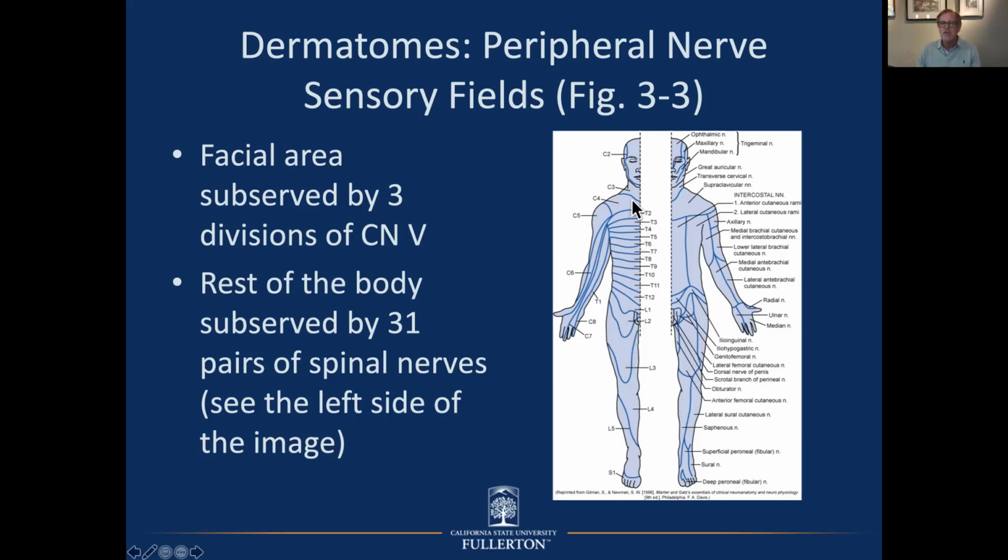Let's just start here. Let's get out of the head for a moment. You can see that C3 provides general sensation for basically the front of your neck. C4 down around your upper chest. C5, 6, 7, and 8 down your hand. And you can see these are lines.